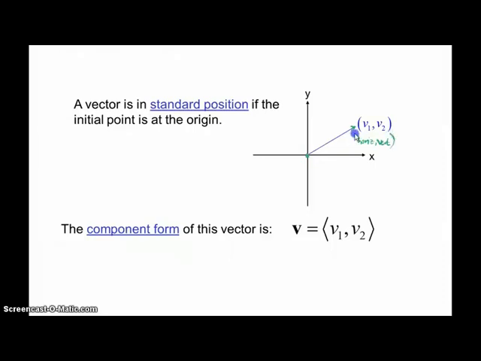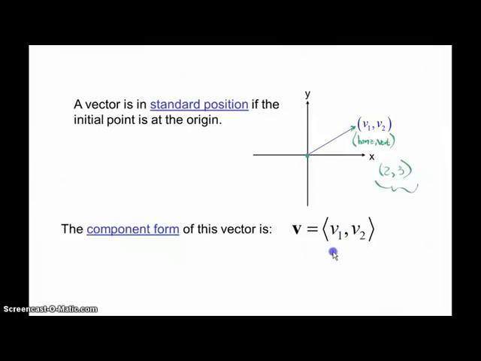We can give those two components in parentheses, so we might see something like (2, 3). That could either be a point in the plane or a vector, if the terminal point of the vector is at the point (2, 3). So you're going to have to read the words to pick up context from the problem.